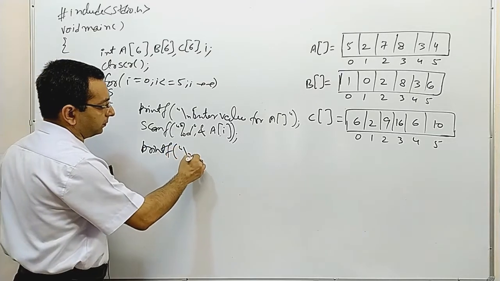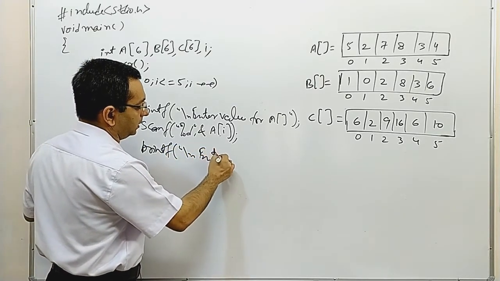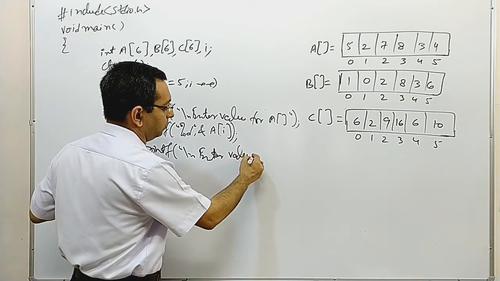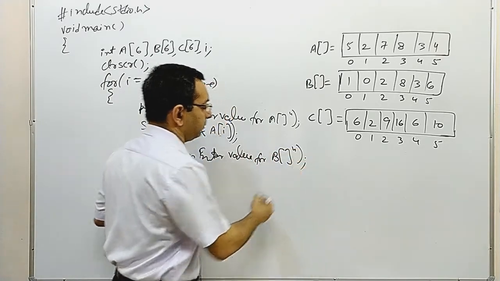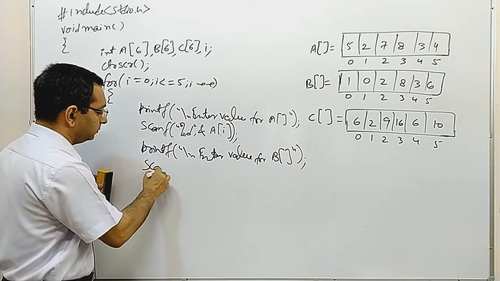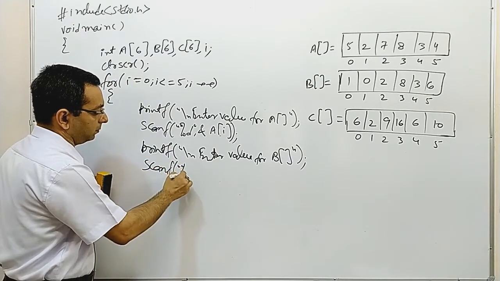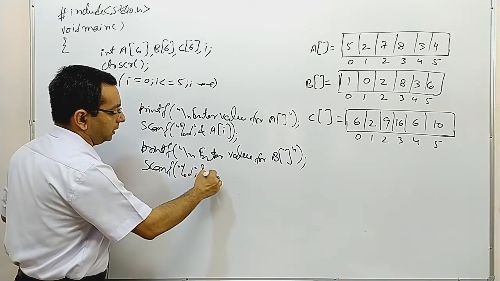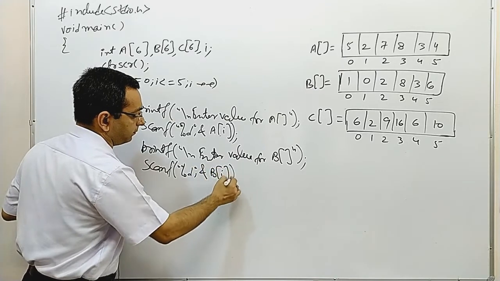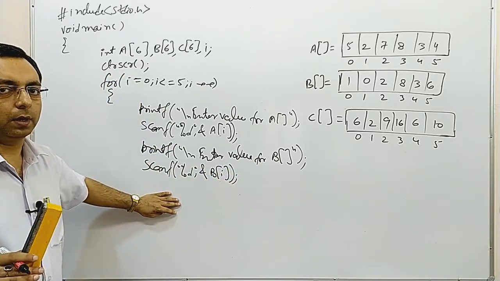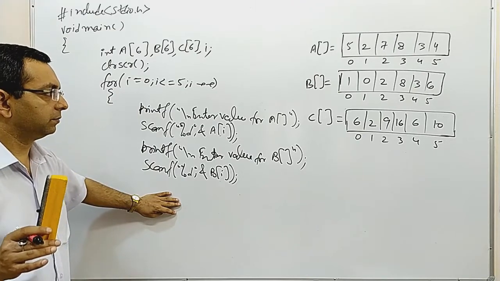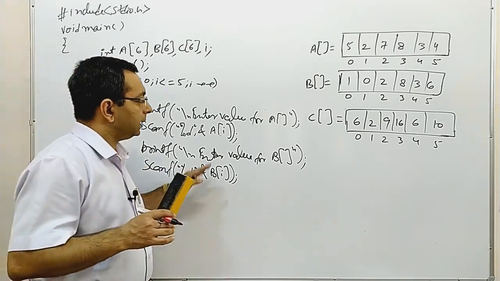So now printf "enter value for B array", %d and B[I]. But this concept has a problem for the user.